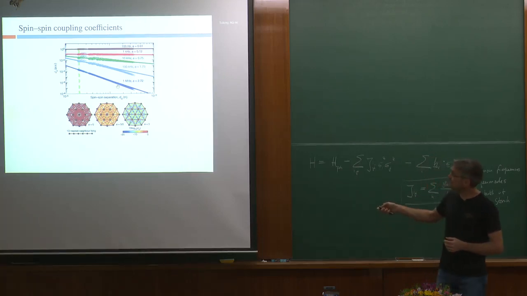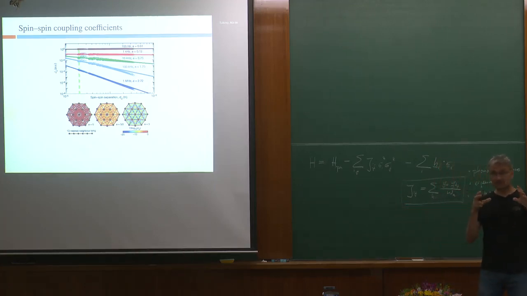And of course, you see, as always, these are not perfect power laws, but there are some deviations, especially for larger distances. But at larger distances, in the experimental photo that I showed you, in this fluorescence image, there were also boundary effects where the lattice gets a little bit distorted because the trapping potential is not flat, but slightly curved at the boundaries, so there will always be these boundary effects.